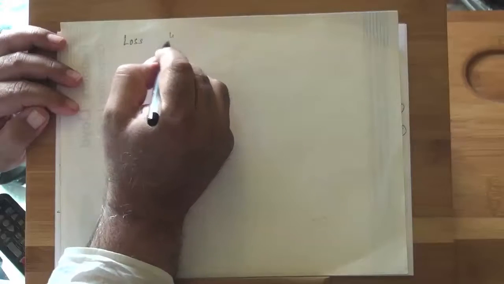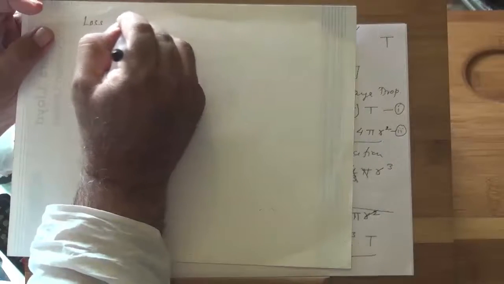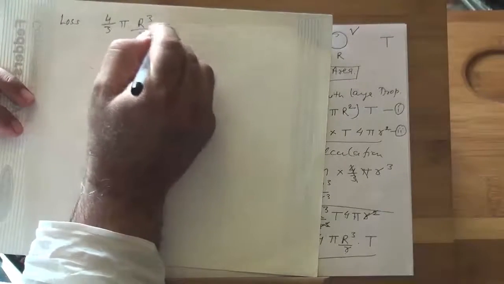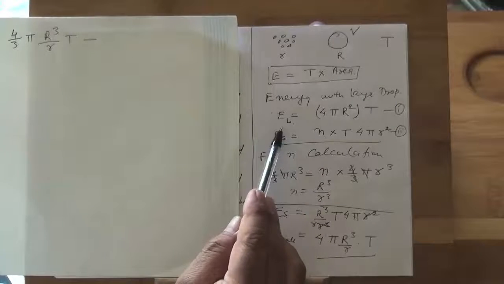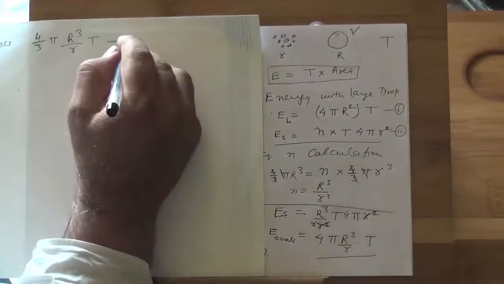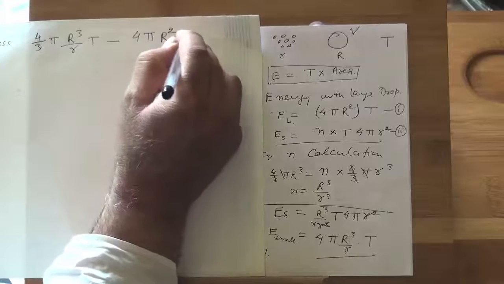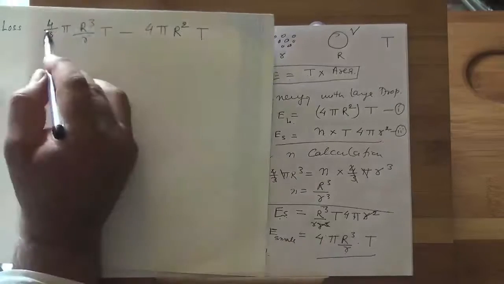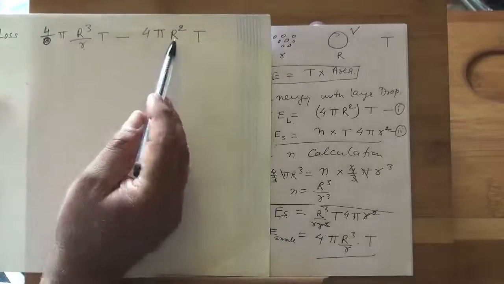Loss is 4 upon 3 pi r cube upon r T minus the energy of the large, 4 pi r square T. This is the loss of energy.